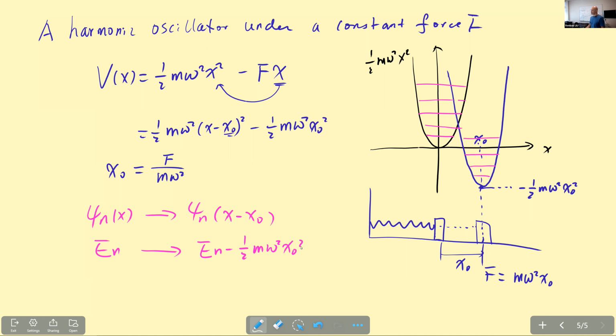As we have seen before, all measurable quantities are related to energy differences. They are not affected by a global change of the phase factors or a global change of the energy. So the physics is more or less the same if I have a constant force applied to the harmonic oscillator. This is one thing that I want to mention about the harmonic oscillator before we do any calculation.